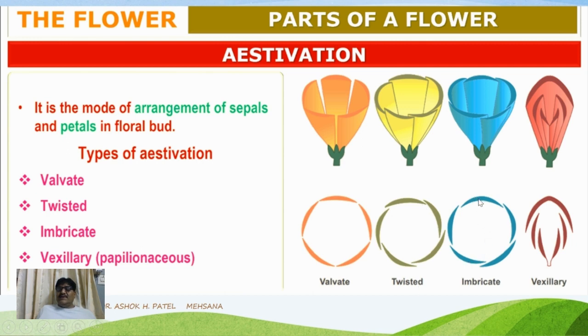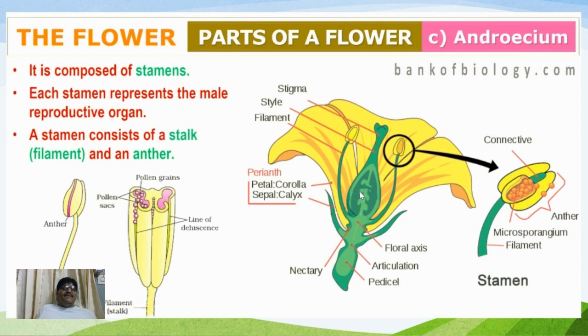One is totally inside, one is totally outside, and another is inside and outside, an arrangement. And then the vexillary, just like butterfly structures, right? Those are the various types of aestivation, and it is very useful for the identification of plants.